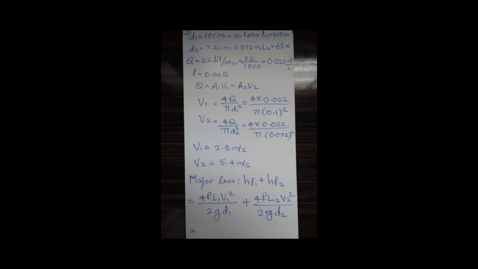HF2 is 28.073. Correct. Now we just need to add this total. So total major loss is HF1 plus HF2. That comes out to be 36.646. Correct. So now we have solved 50% of the problem only.